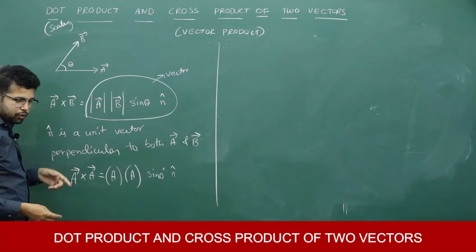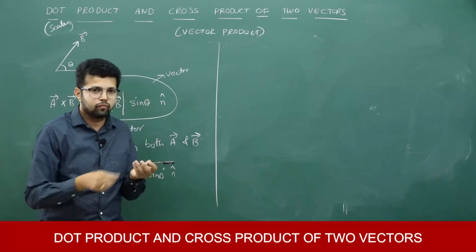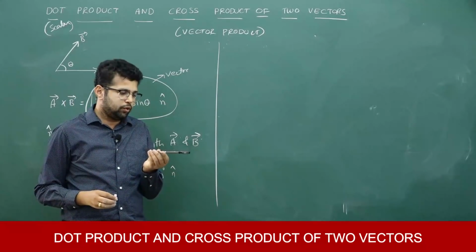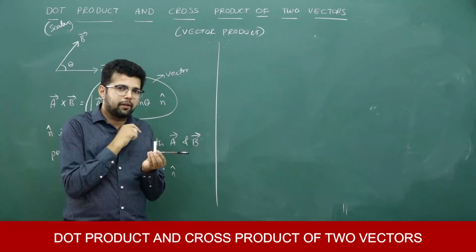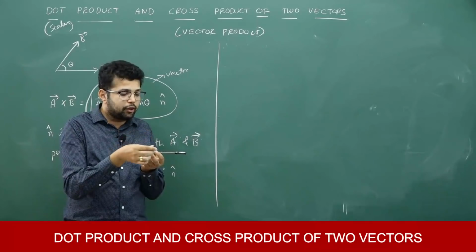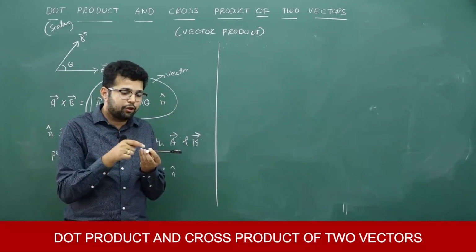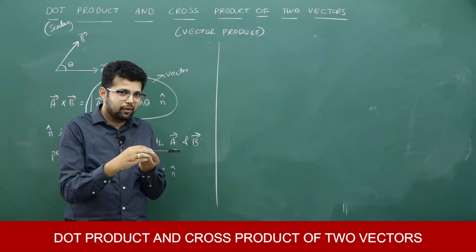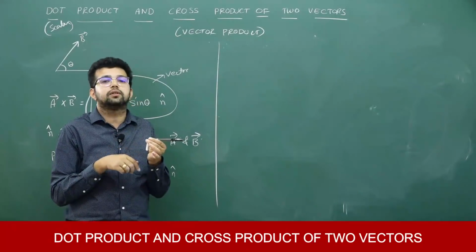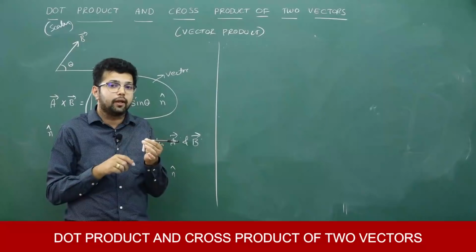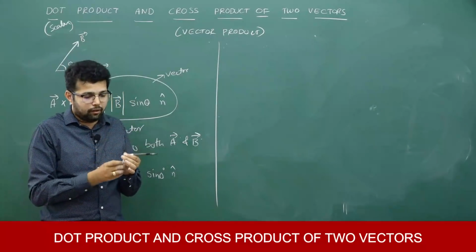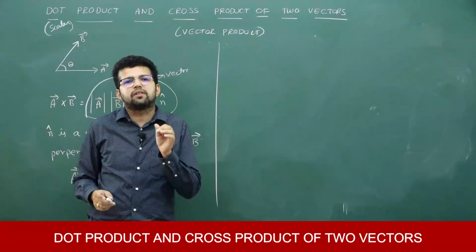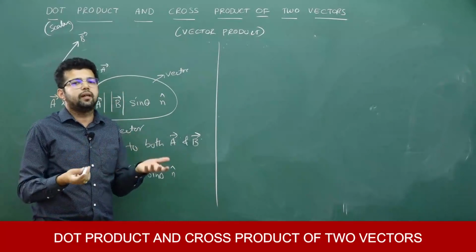Okay. So, if there is a vector A, you can imagine a unit vector in this direction, and this unit vector is perpendicular to A. You can imagine a unit vector in this direction, that unit vector is also perpendicular to A. You can imagine a unit vector downwards, this unit vector is also perpendicular to A. So, the unit vector that we get here will not have a specified direction, it will have some arbitrary direction.